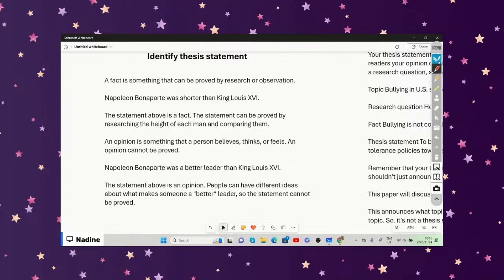Actually, also how and when you need to use facts or give opinions, right? So a fact is something that can be proven, either by someone who did research or someone who did an observation.